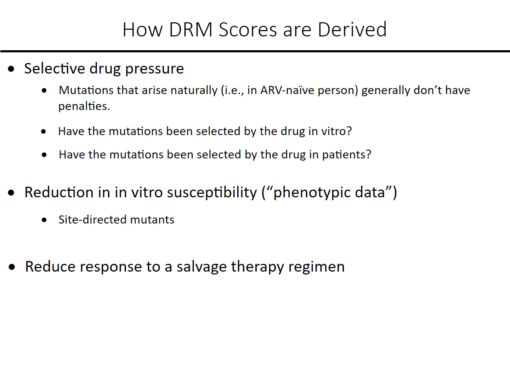Drug susceptibility data associated with a mutation or combination of mutations can be performed on site-directed mutants. In this scenario, it is possible to strongly link the effects of individual mutations or combinations of mutations to reduced drug susceptibility.